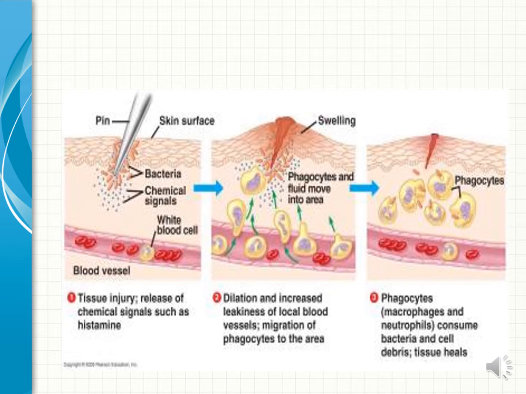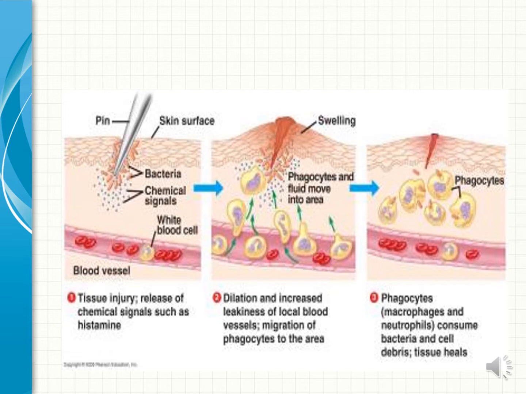Here you see the skin surface, epidermis, and after the tissue injury we have release of chemical signals, for example, histamine. Then comes the reaction. The second stage is dilation and increased leakiness of local blood vessels.